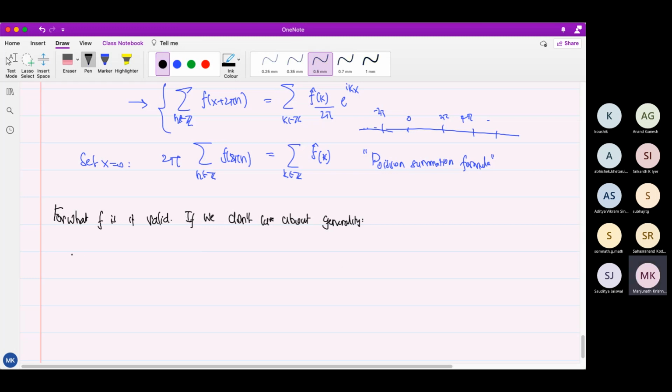Okay, if you don't care about generality, assume that f is in the Schwartz class. So remember, Schwartz class means if you take any number of derivatives and multiply by any polynomial, it is bounded.